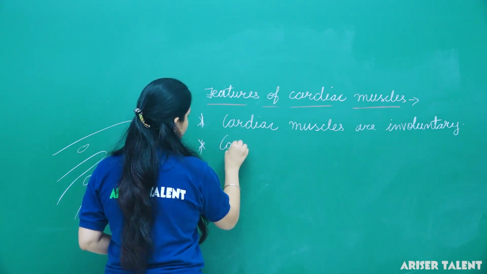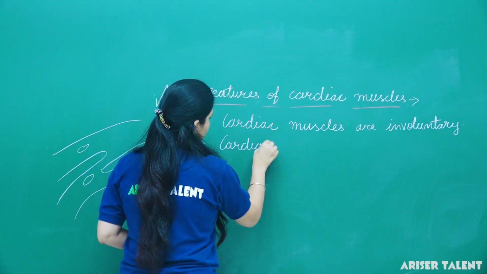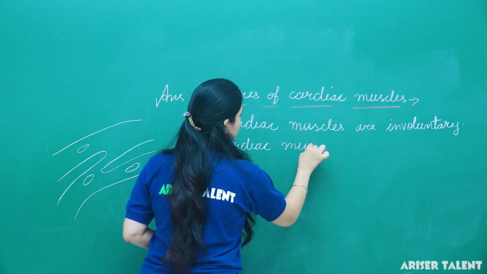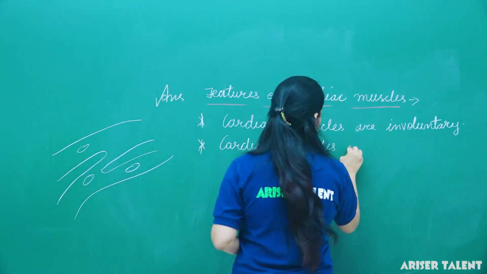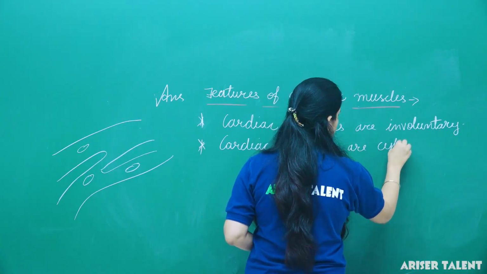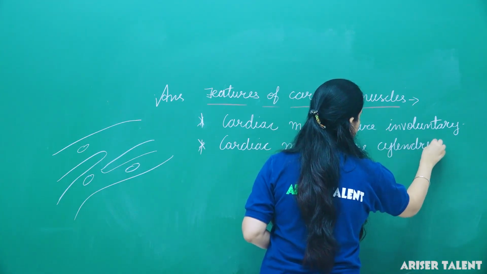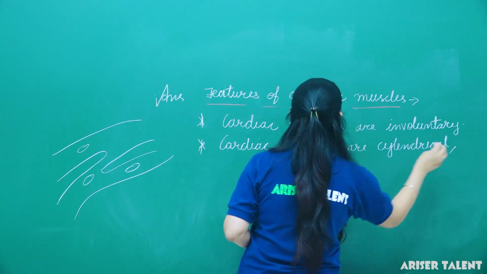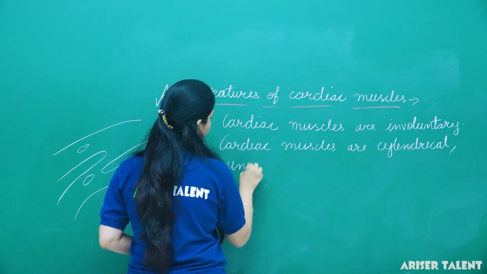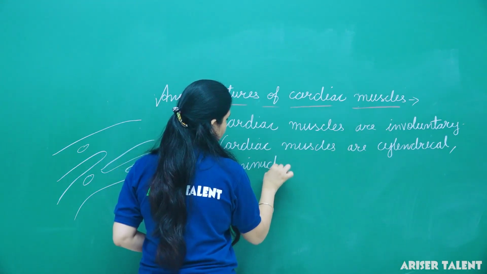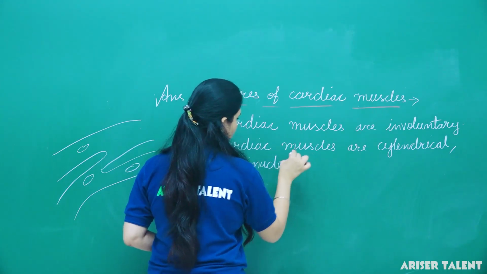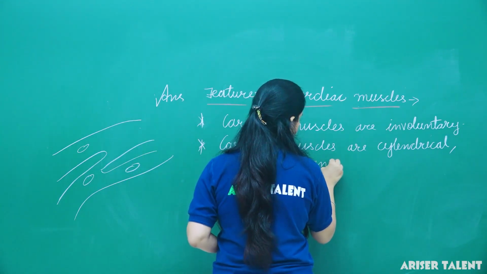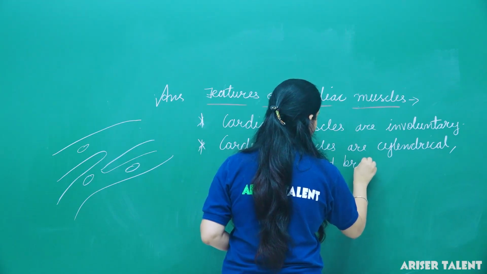Then cardiac muscles are cylindrical, uninucleated and branched.